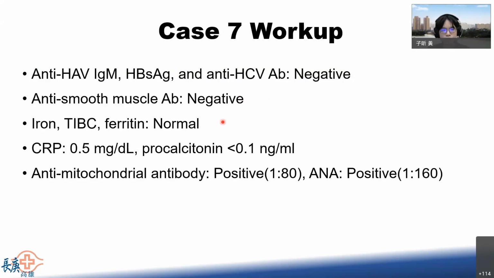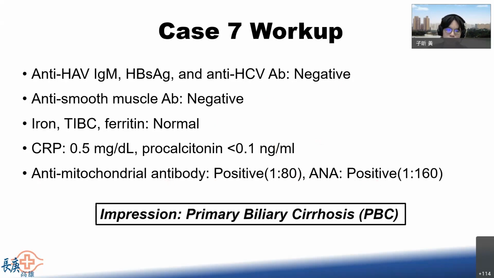CRP and procalcitonin, to see if the patient is related to infection or unstable hemolysis, are negative. These are all normal values. And the anti-mitochondrial antibody, AMA, and ANA are both positive. And this is quite sufficient if combined with the lab data that your impression may be primary biliary cholangitis cirrhosis.